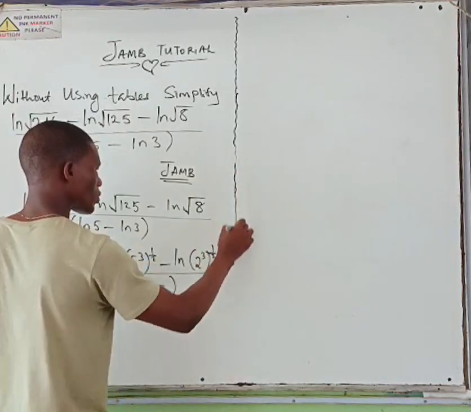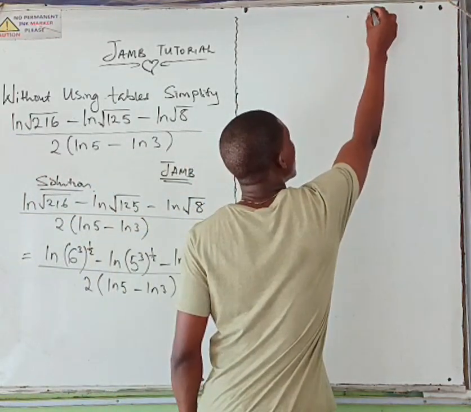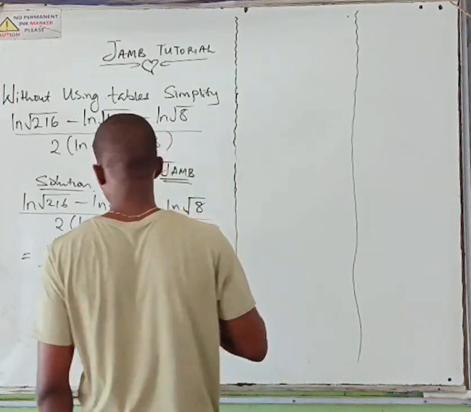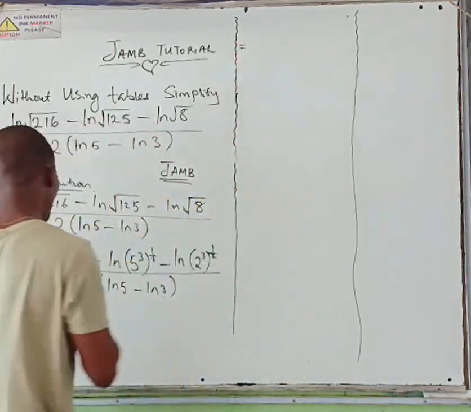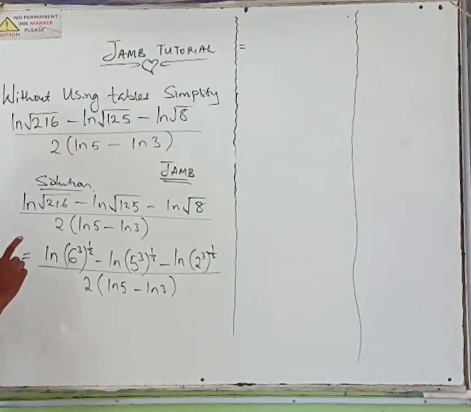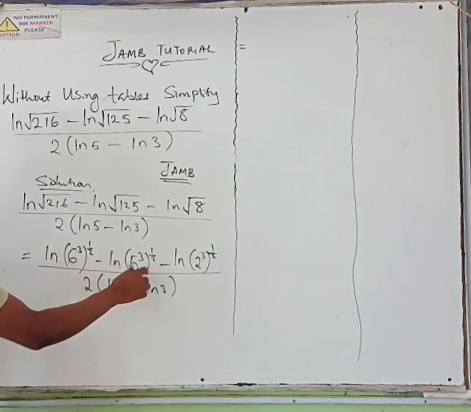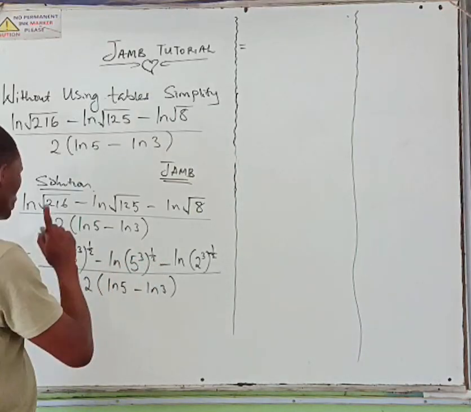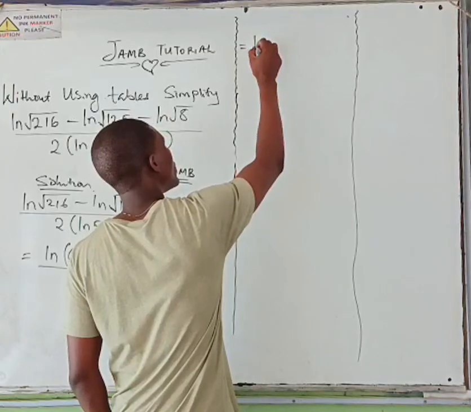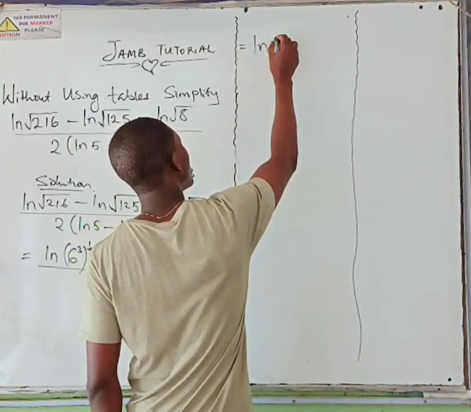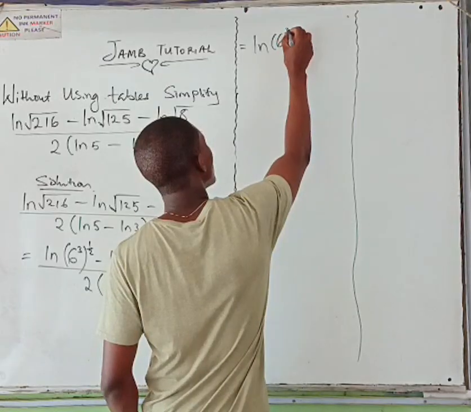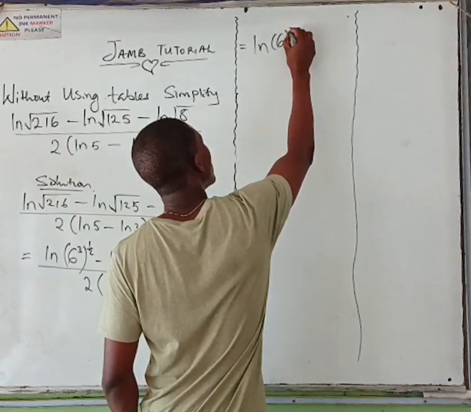I'd like to split this, okay? This equals, now I'm going to apply the law of logarithm here. This is minus minus, so we can just write this as division. So this becomes ln 6, I can write this power as 3 over 2, minus ln 5, also with the power 3 over 2.